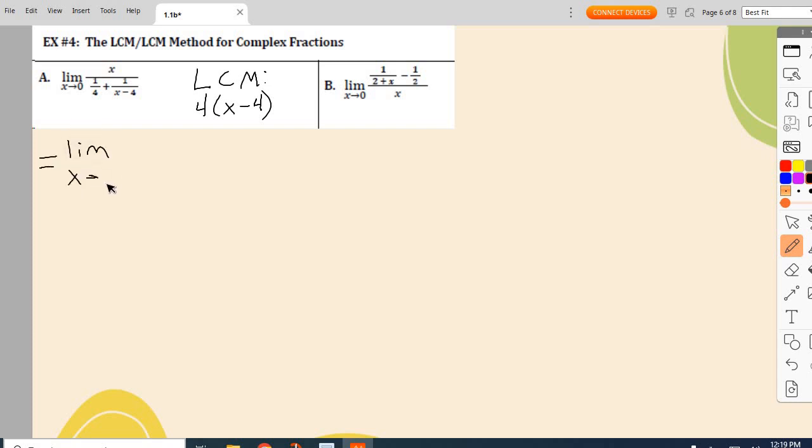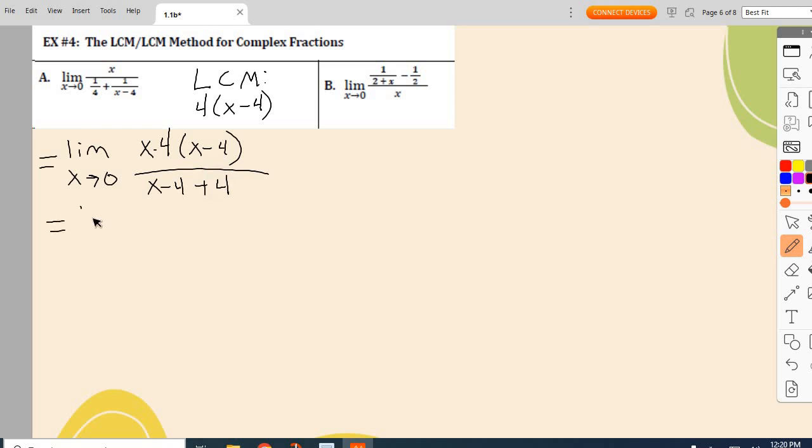And the reason for that is I get x times 4 times x minus 4, right? And then notice what's going to happen when I multiply it. I'm going to have to distribute it to the bottom. So what happens to my 4s? They reduce, so I'm just left with x minus 4. And then what happens to my x minus 4 on my second one? They reduce, so I'm just left with a 4.